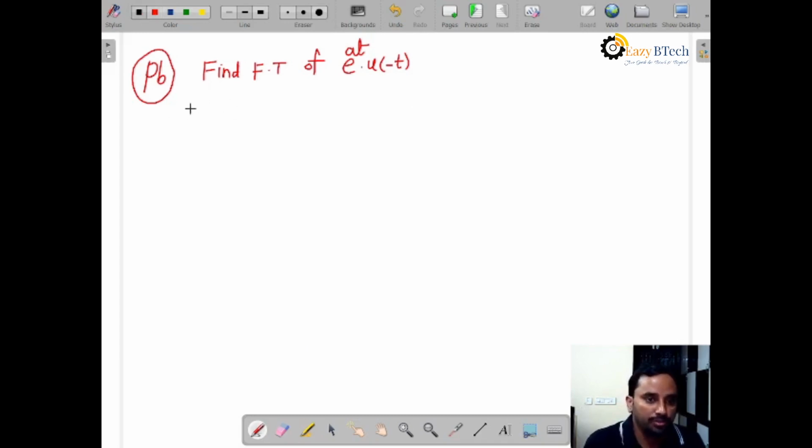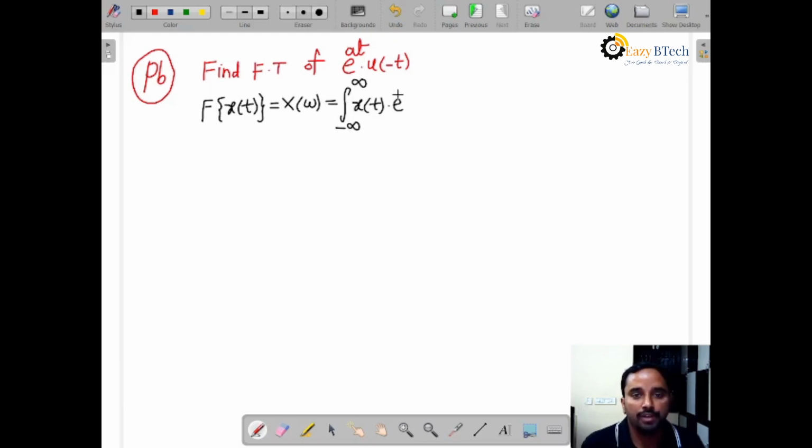So how to do? We know Fourier transform of a signal x(t), F of x(t), is equal to capital X(omega), which is equal to the integral from minus infinity to plus infinity of x(t) into e to the power minus j omega t dt.